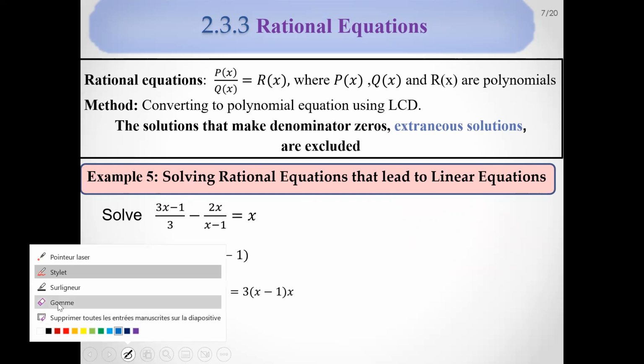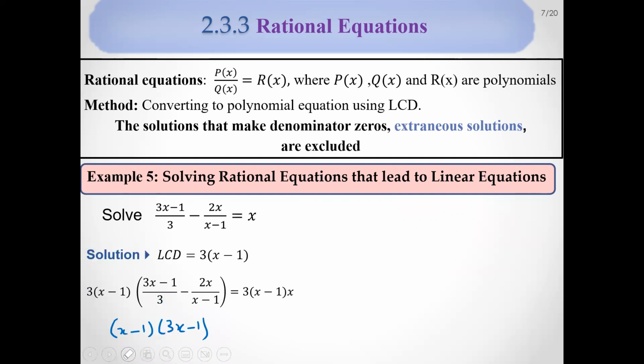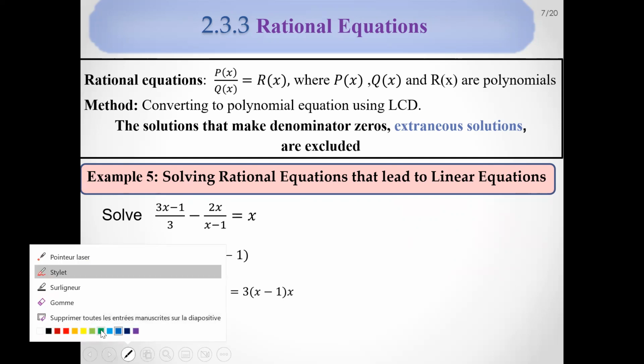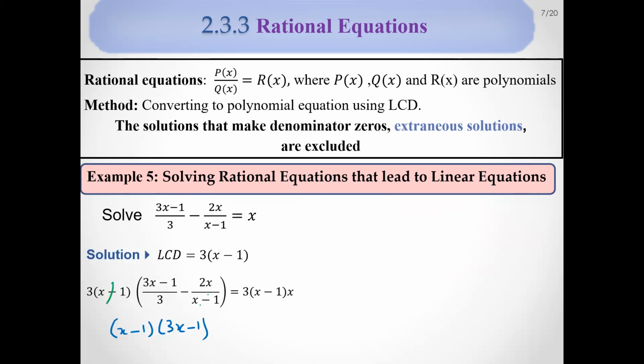In the second, we simplify by x minus 1, and I am left with minus 3 times 2x equals 3x minus 1 times x.